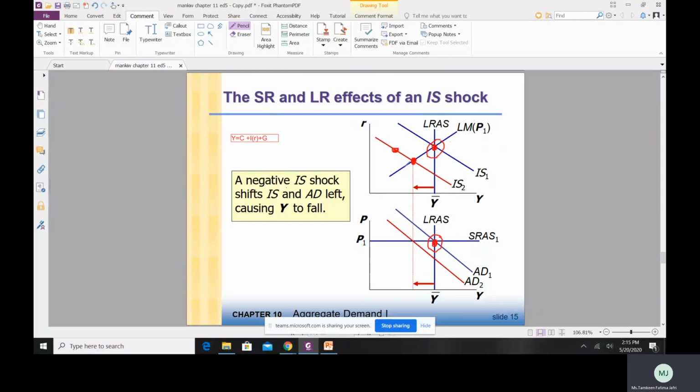Now, when the IS curve shifts inward, my new equilibrium is established at this point, which means that at the same price level, which is P1, output declines to this level. ठीक है? So this point corresponds to this point over here on the lower panel. So as a result, this will result in an inward shift in the aggregate demand curve.